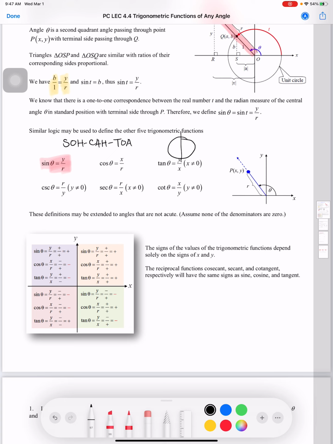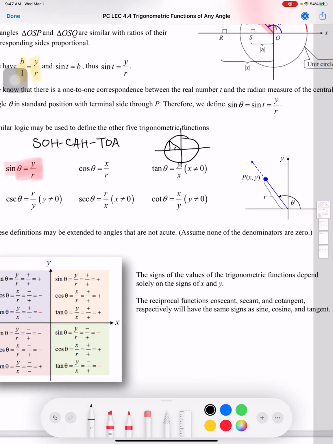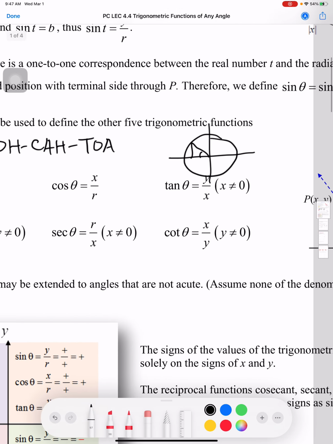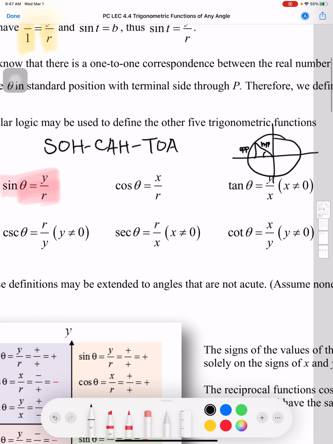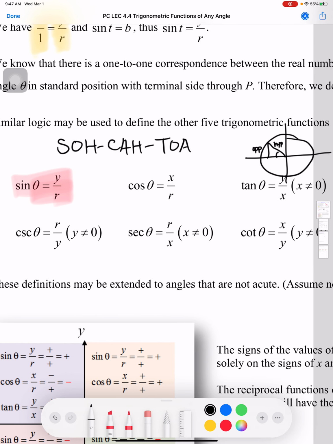If I had a circle that was not a unit circle and I had an angle up here, sine would be my opposite, which is this side, and my hypotenuse, which is the radius. Well, the radius now is no longer 1. The radius is whatever the radius is for this particular circle, hence the r in the denominator.